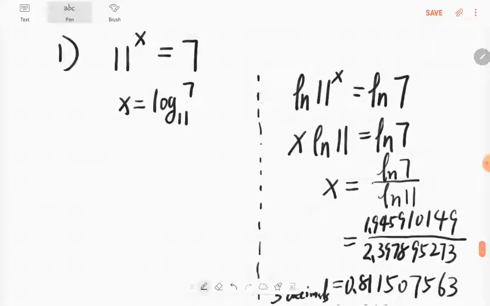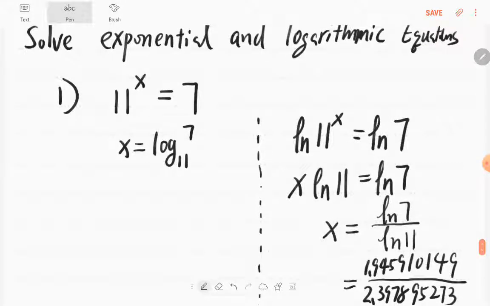The reason we like this form is that you cannot use your general calculator to do the calculation for the log to the base 11 of 7.